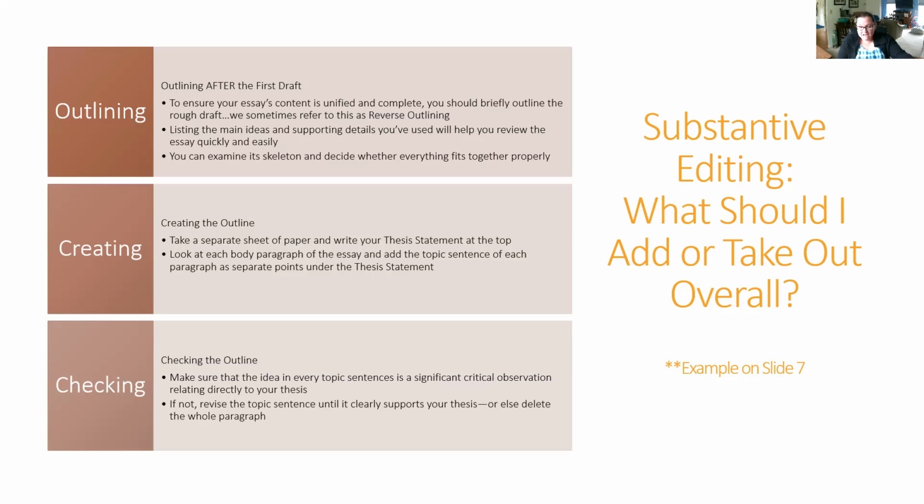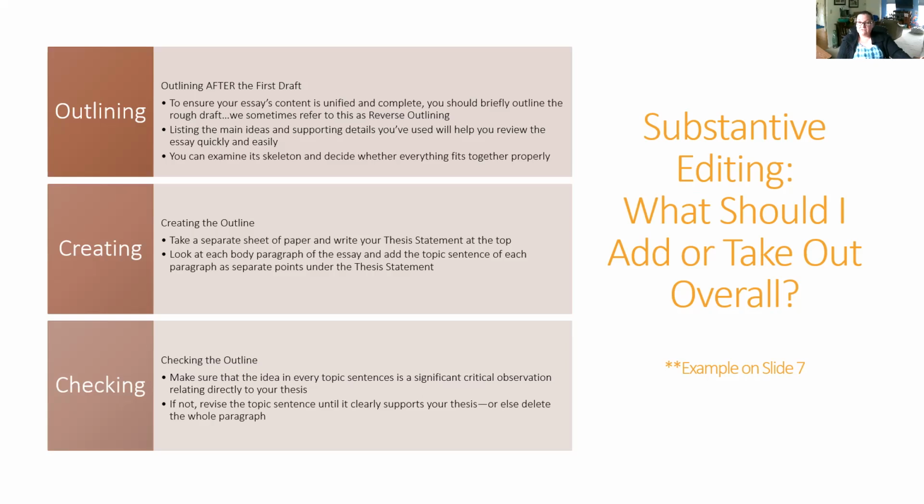But that's what you're going to do for the outline. Thesis statement at the top, and then go through every single body paragraph and write the topic sentence down, right? You want to make sure that the idea in every topic sentence you wrote down relates to your thesis in some way.